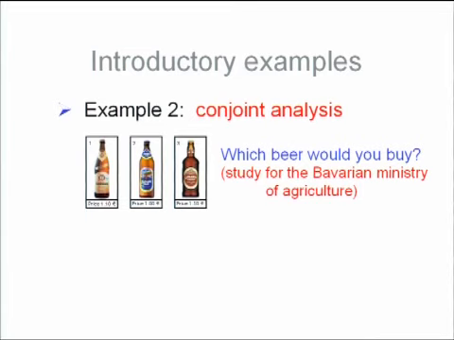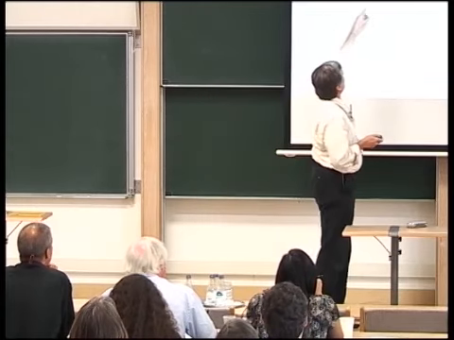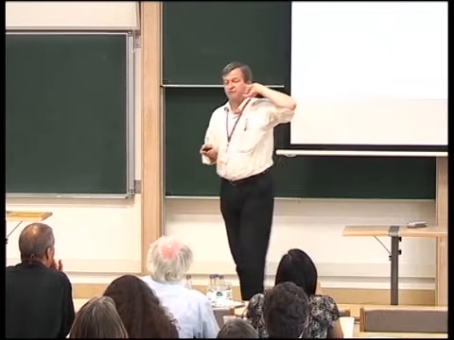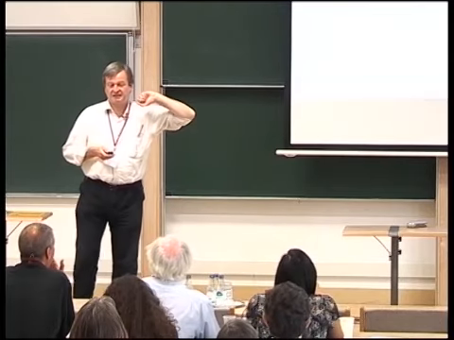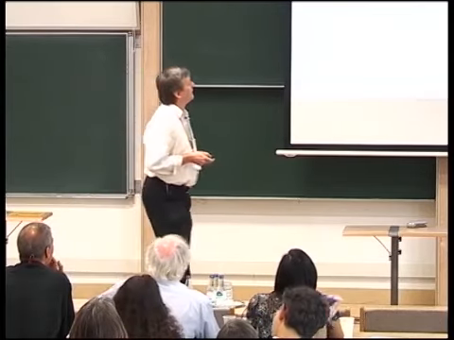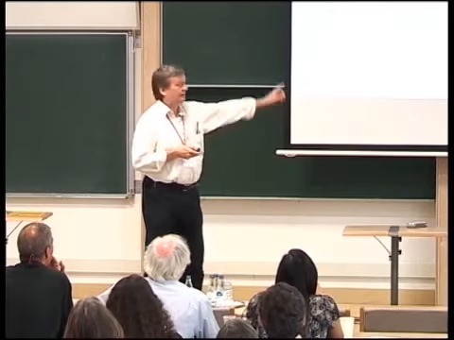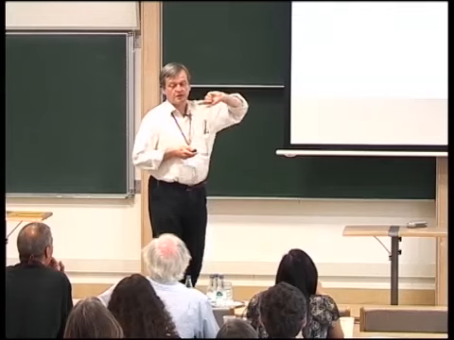This is a conjoint analysis model, and it's based on some question, some project which has been posed by the Bavarian Ministry of Agriculture concerning the effect of some small signs on the bottles stating that this is coming from Bavaria or from the European Union or whatever. In a way, I'm cheating because the right bottle probably is not allowed to be sold in Germany.